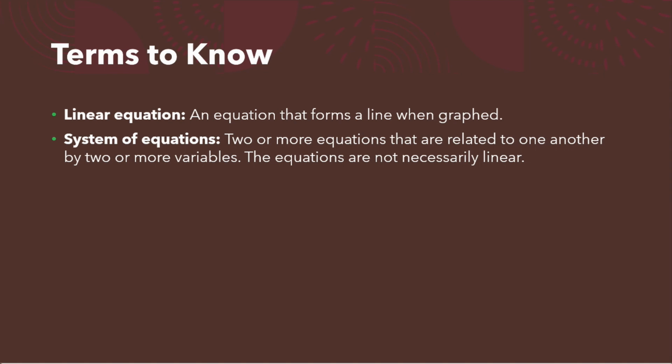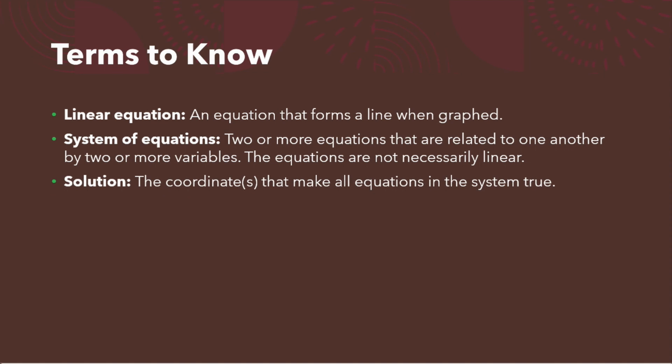These equations do not have to be linear, which is why we are learning about systems of linear equations. A solution in this case is a coordinate or coordinates that make all equations in the system true.